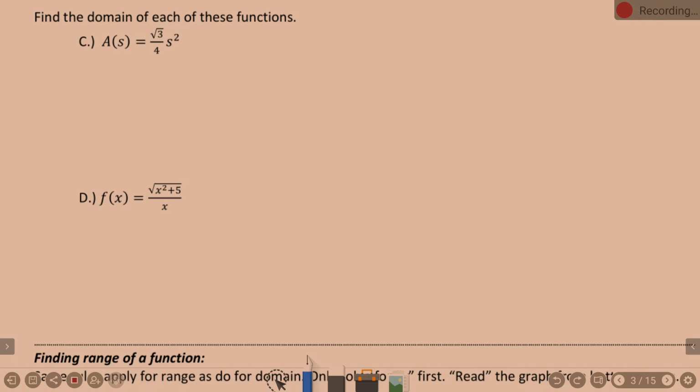Okay, continuing a little bit more with domain. A of s equals square root of 3 over 4 s squared. Think of what we've talked about. Think about what you know about this equation. Share your thoughts.